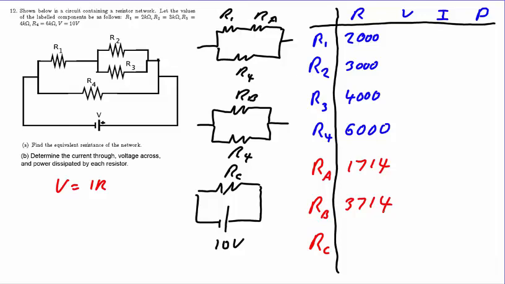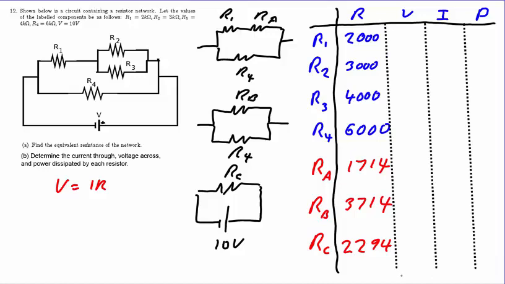The answer we anticipate in advance must be somewhere between half of RB and half of R4, and when we perform our calculation, we find that the result is 2,294 ohms, and this is indeed larger than half of RB and smaller than half of R4, indicating that we probably did the calculation correctly.